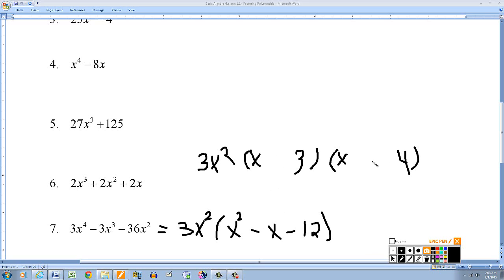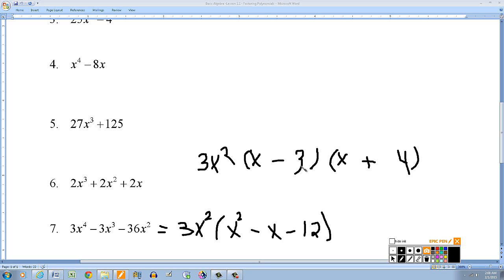Notice if I put a plus here, so let's do it this way. Let's suppose I put the plus here and a minus here. Always check yourself. X times x obviously is x squared, no problem there. 4 times minus 3 is minus 12, no problem there. But you always have to make sure you get the middle term.